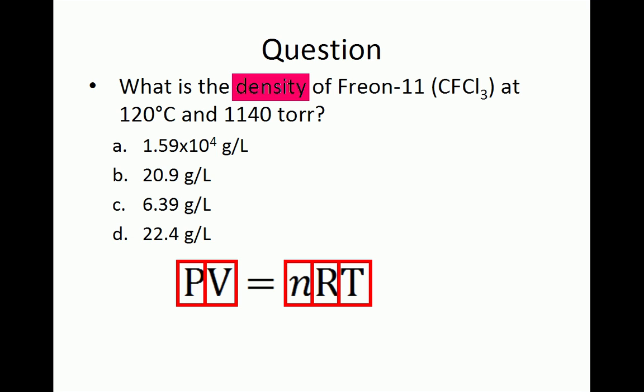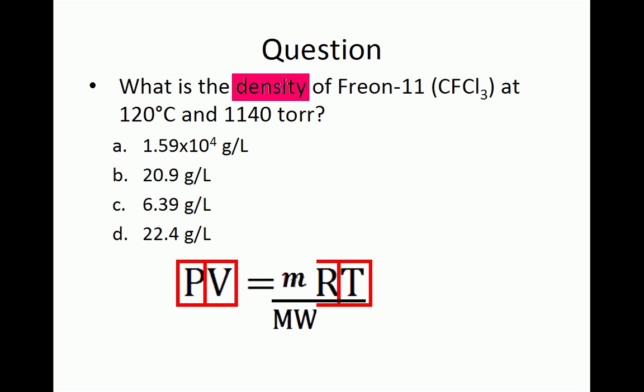However, we may replace n, the number of moles of gas in the ideal gas law, with the expression m divided by MW, where m represents the mass of the gas and MW represents the molecular weight of the gas.